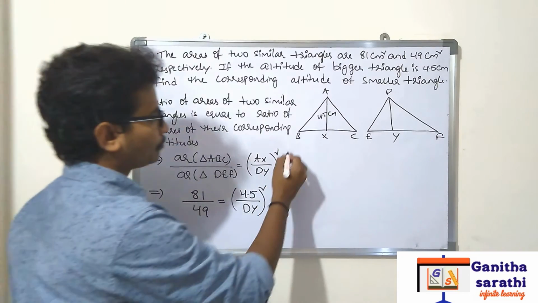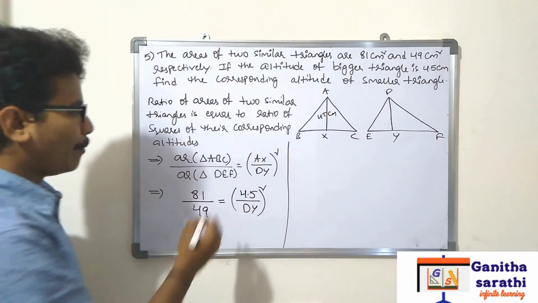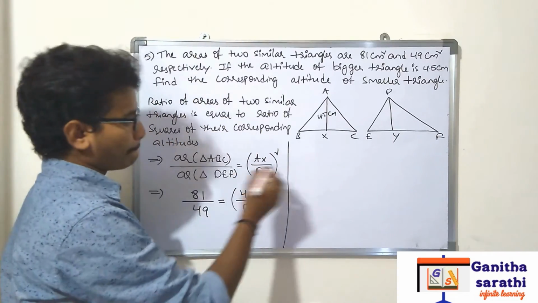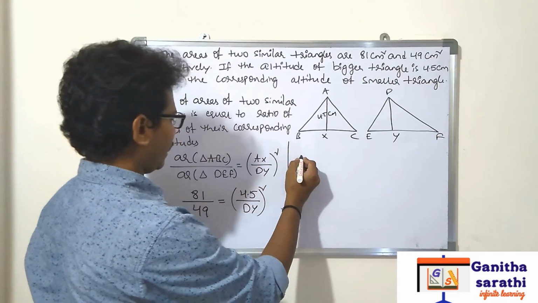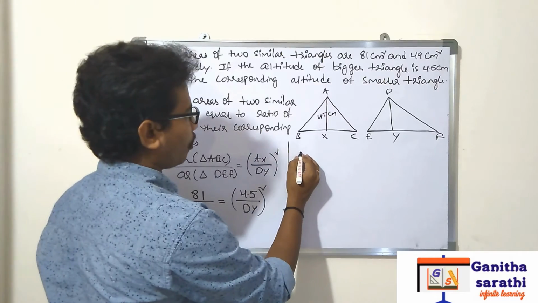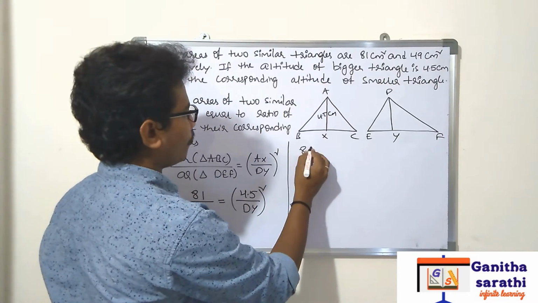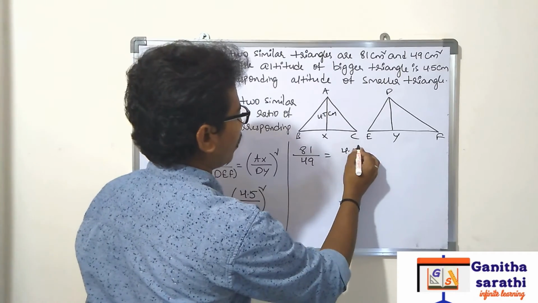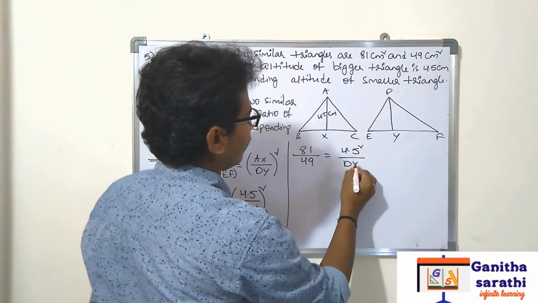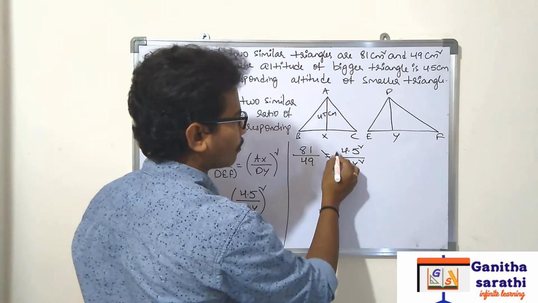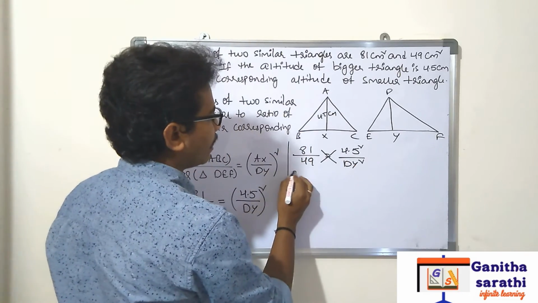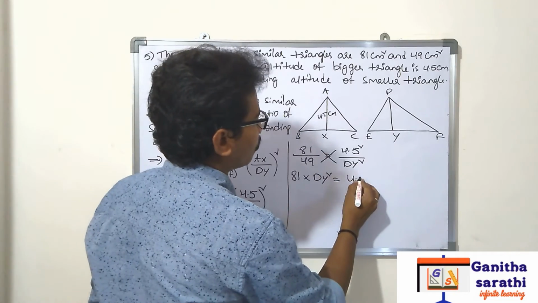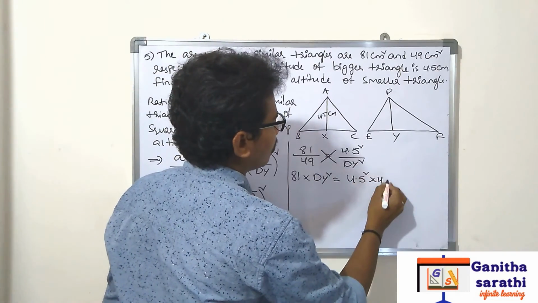Okay, now see here, make this square root this side. What it will become? Or else you can take it as 81 by 49 is equal to 4.5 square by DY square. Okay, do cross multiplication. What it will become? 81 into DY square is equal to 4.5 square into 49.